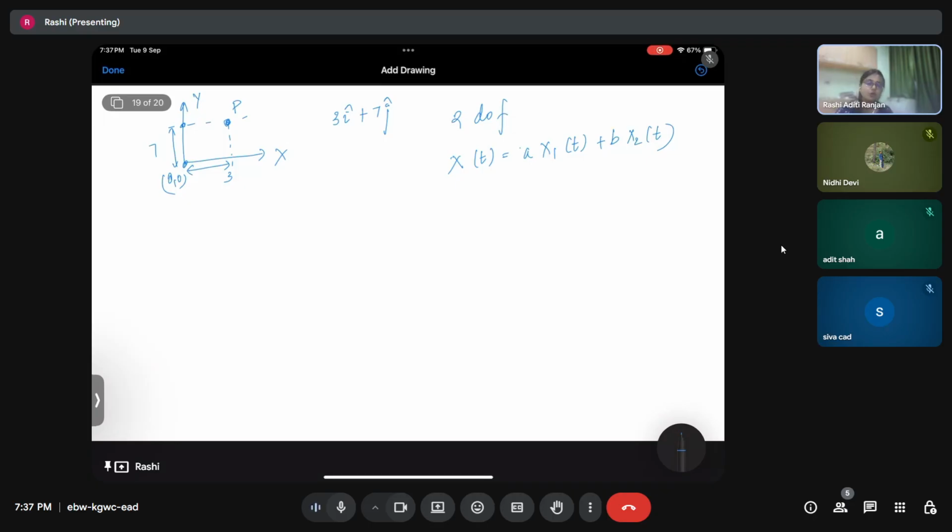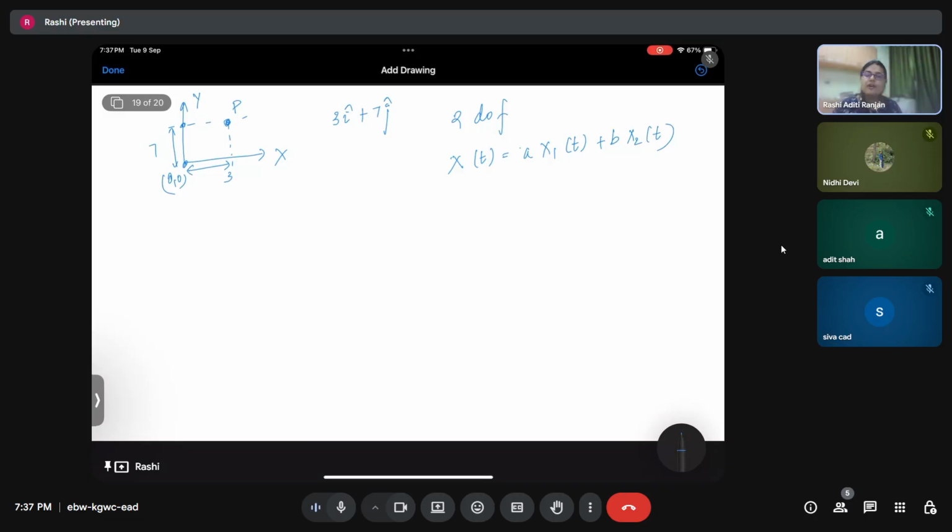And we can simply solve it to get the solution. So if I have two solutions, capital X1 of t and capital X2 of t, I can find the linear combination of both and then I can write any general solution in that form.